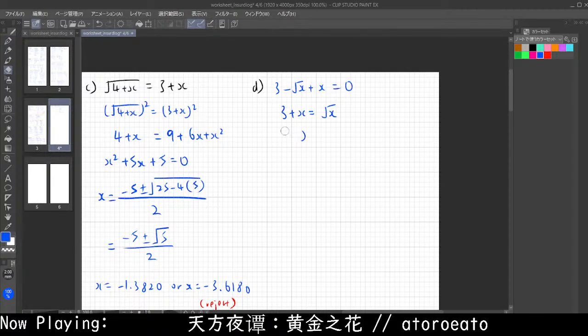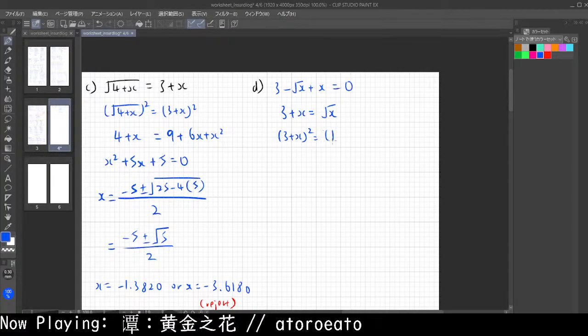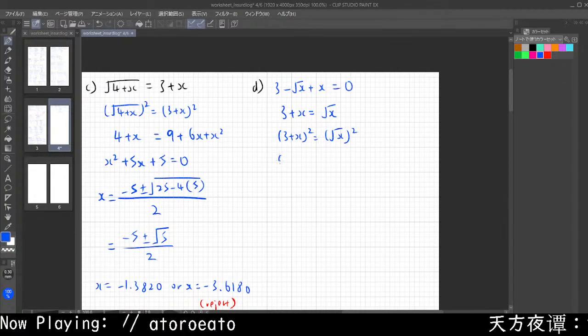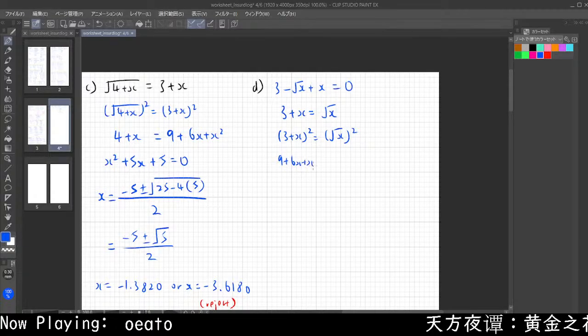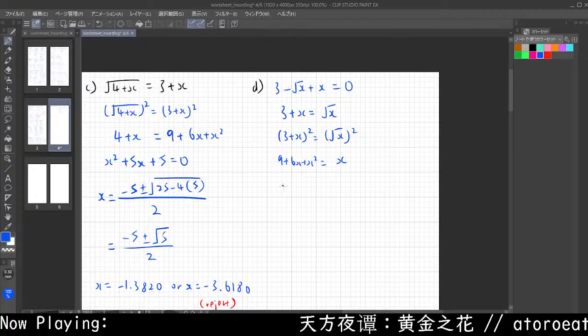Square both sides. B plus x squared equal to x squared. And back.